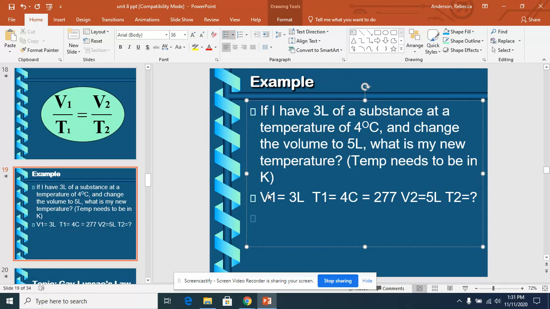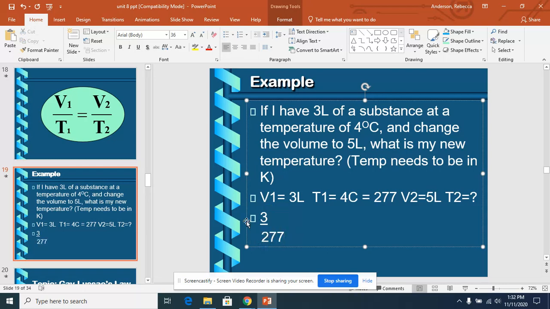Alright, so let's plug this into our formula, which we can see right here on the side. V1 divided by T1 equals V2 divided by T2. So our V1 is 3 divided by T1, which is 277.